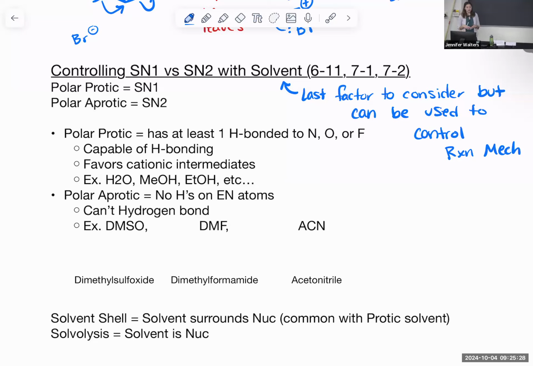So our protic solvents, if we remember, because we talked about that solvent shell when we were looking at our nucleophile strengths, are going to be where you have that hydrogen attached to an electronegative atom.